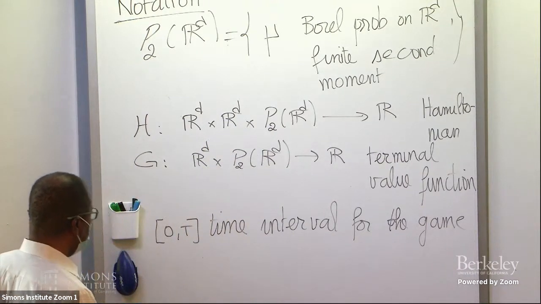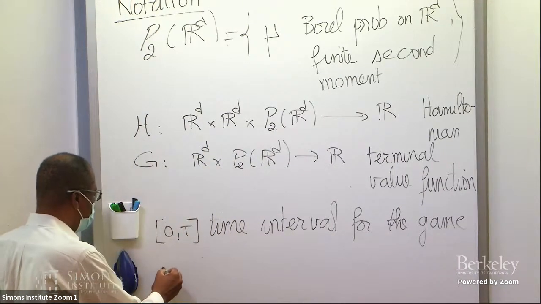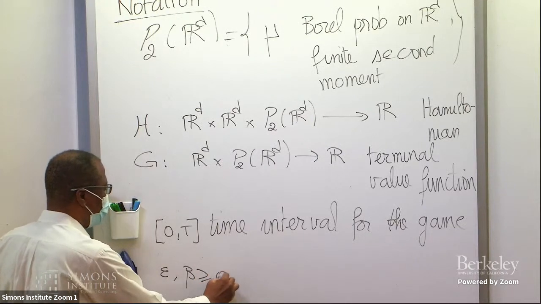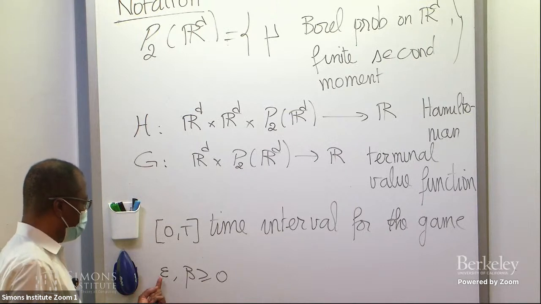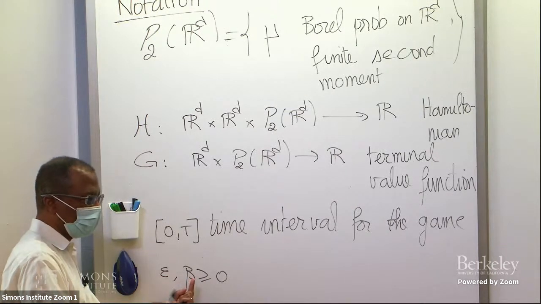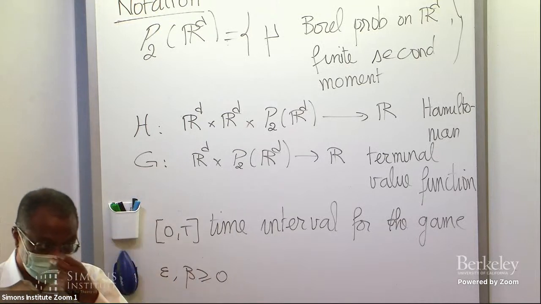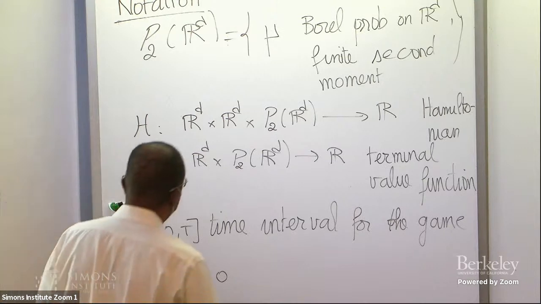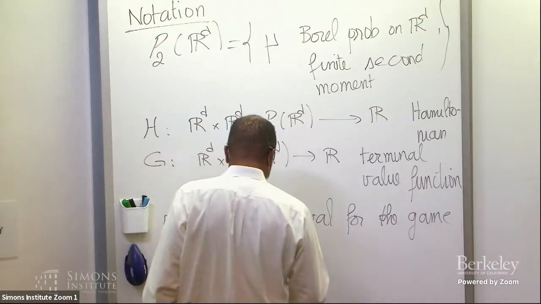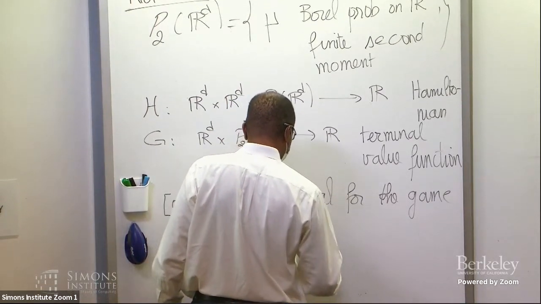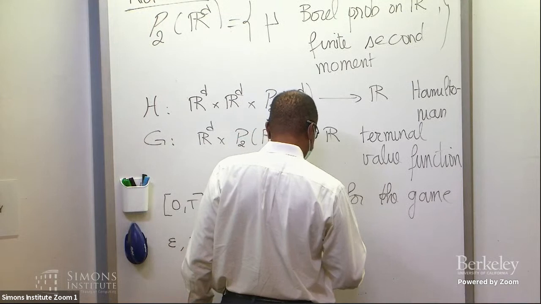And I am going to take two parameters, epsilon, beta greater than 0. So this parameter will appear in front of a Laplacian, and that one will appear in front of something which looks like a Laplacian. So fix n greater than 2, a natural number.